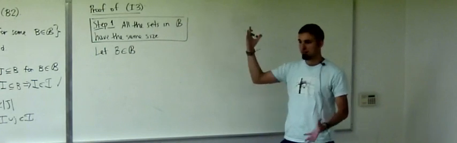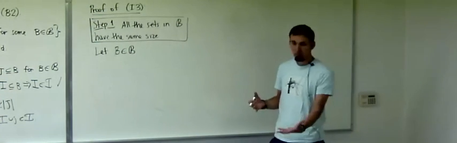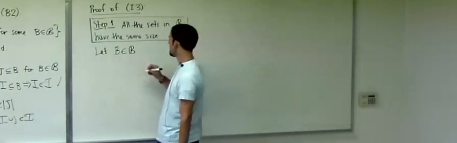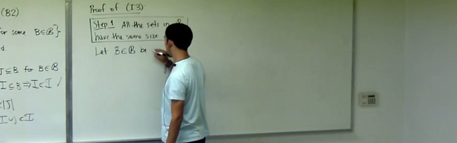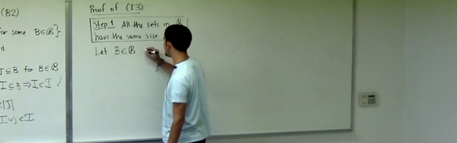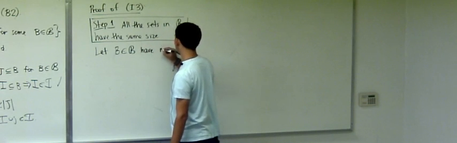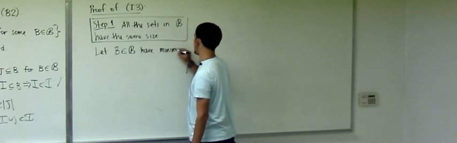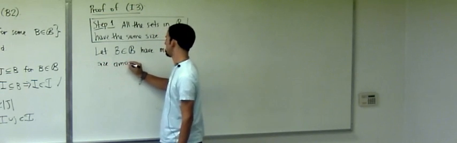It could be that bases have different sizes as far as we know. So let's pick one that is smallest. Let B have minimal size among the sets in B.